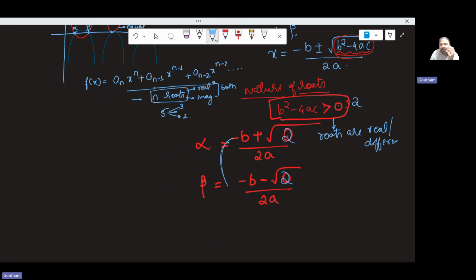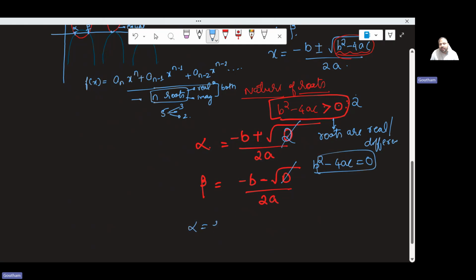They are both different roots. Similarly, if b square minus 4ac becomes equal to 0, then this term will collapse. Then alpha is equal to beta, which is minus b by 2a. So both roots are equal.